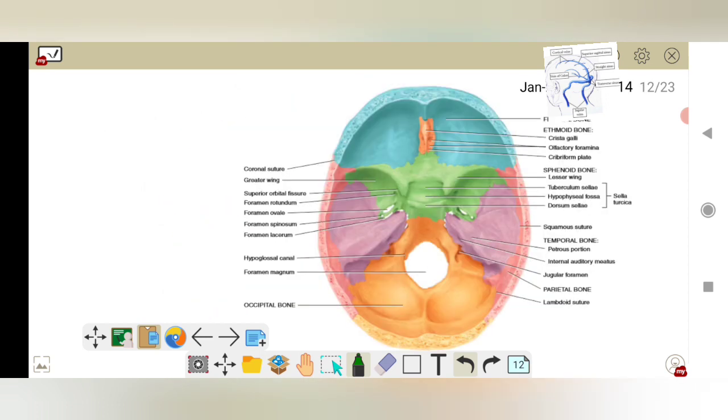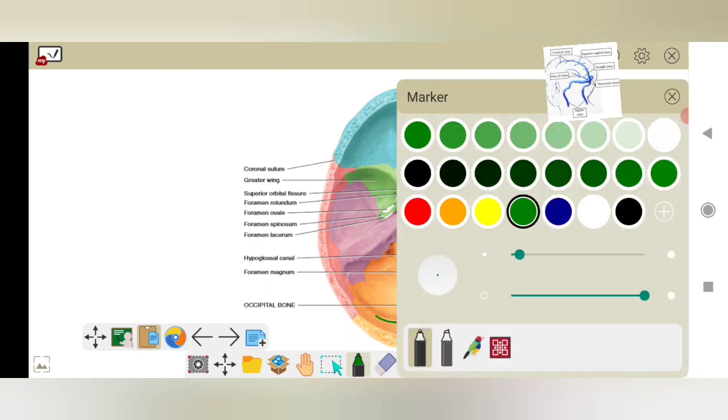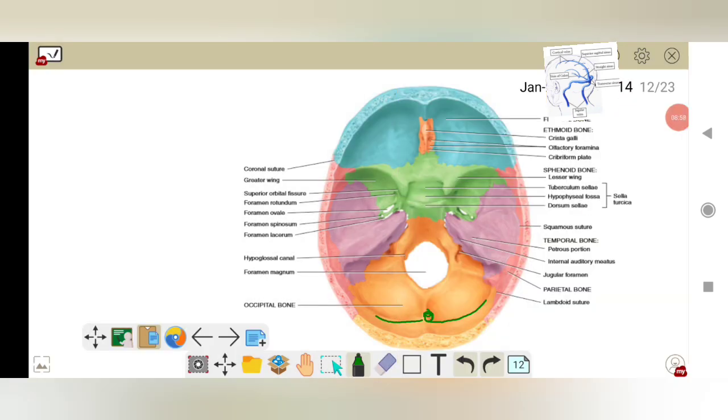Now, first of all, the attached margin. Posteriorly, it is attached at the transverse sulci of the occipital bone. This is the occipital protuberance, and these are the transverse sulci of the occipital bone, and here is the posterior attachment of the tentorium cerebelli.